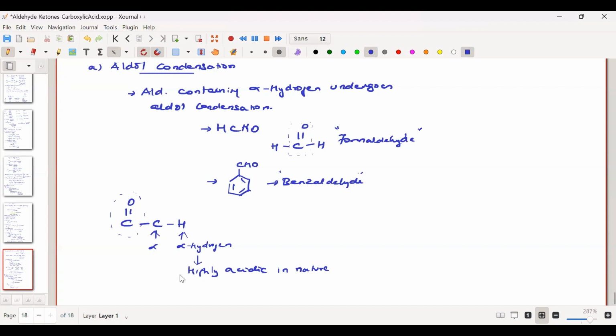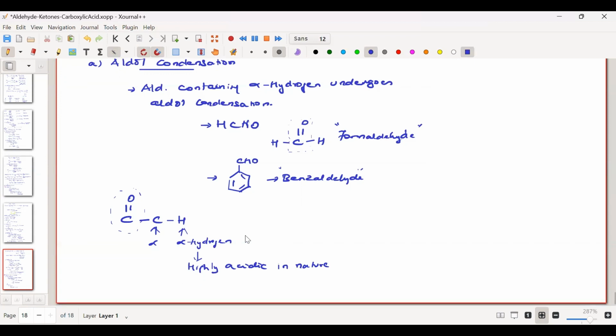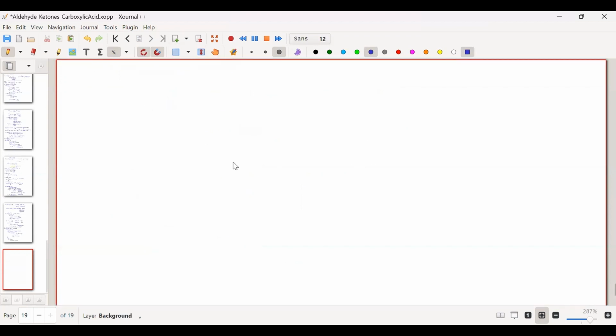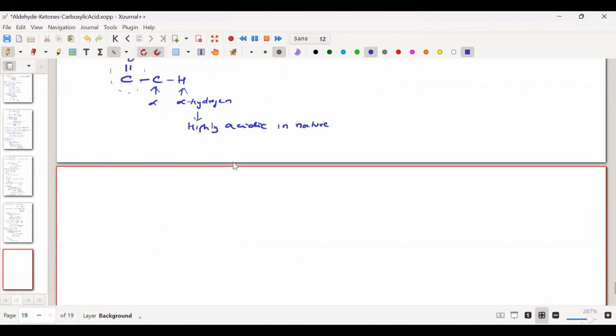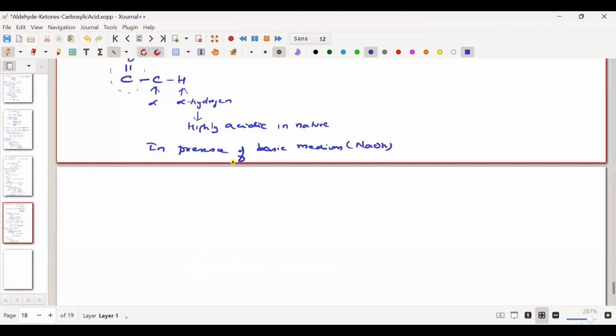Now let's say this reacts in a basic medium. In the presence of a basic medium, a proton can get donated. For example, I'm not writing the entire thing: I have C double bond O, CH.